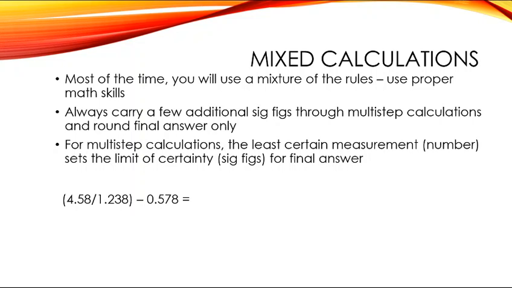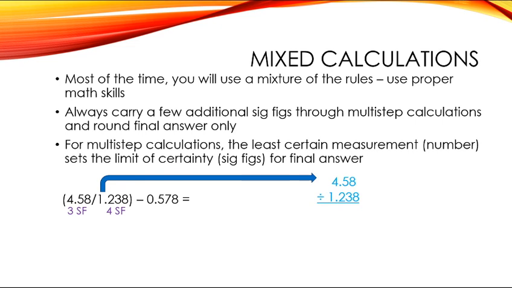So here we have our 4.58 has 3 sig figs, our 1.238 has 4 sig figs, and so carrying this over to the side to make less room here, if you plug this into your calculator, you're going to get 3.699515. But again, the rules of division tell you that the smallest number of sig figs will dictate how your final answer is rounded. So that 3.69 is the only significant values in that entire number.